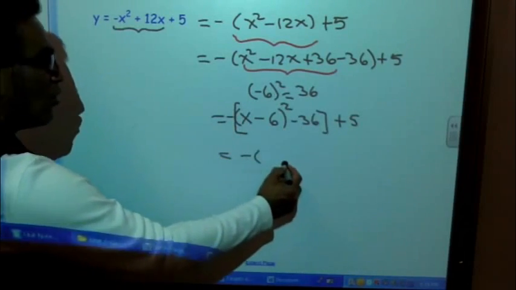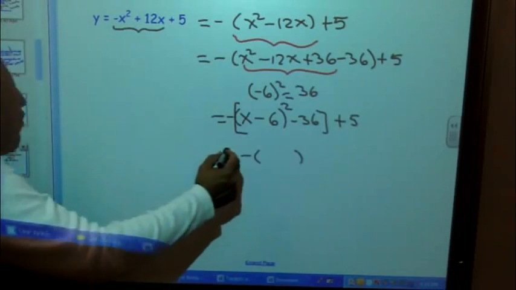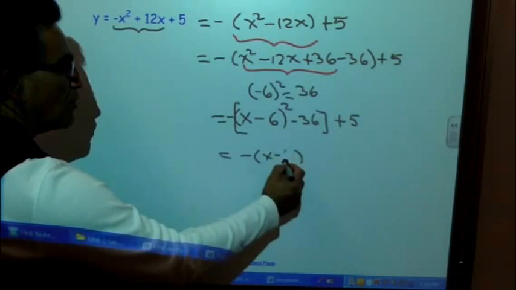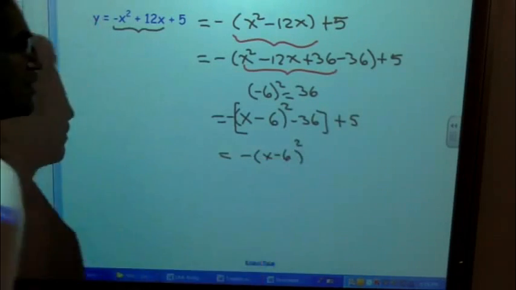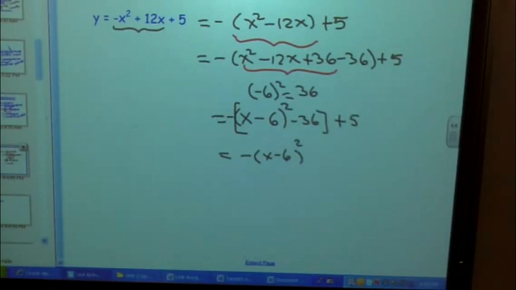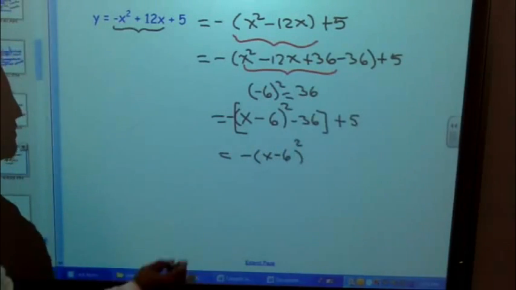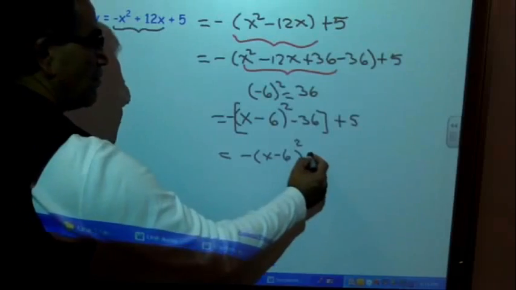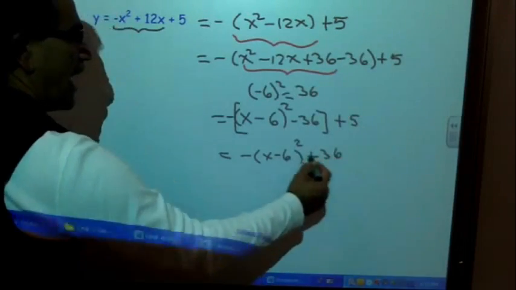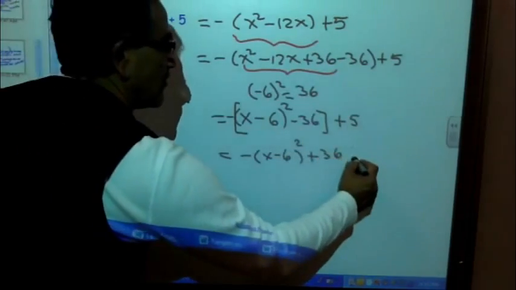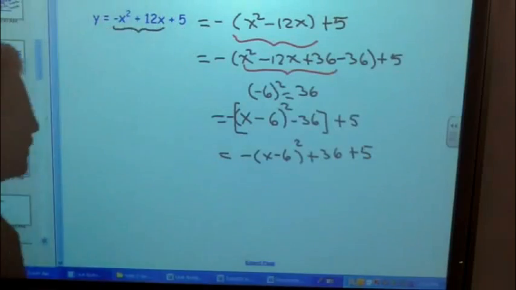The bracket is a whole unit, so the -1 multiplies the whole bracket. I do nothing else with whatever is inside. And then I multiply the -1 times -36. Negative times negative will be positive. And I have removed that bracket. I add the 5, and I'm almost finished.